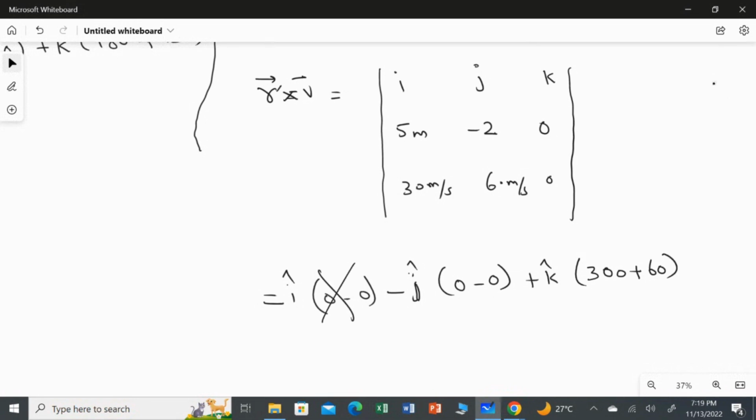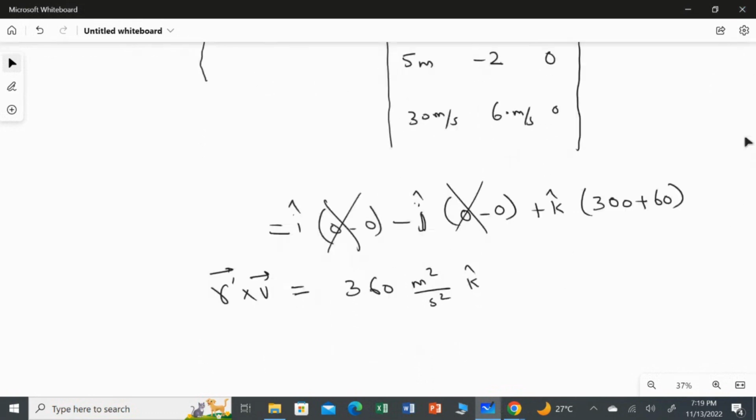So the other terms we will discard because of 0. So I have to discard the i cap and j cap, and only we have the k cap value. Therefore r prime cross v vector is equal to 300 plus 60, which is nothing but 360. And what's the unit here? Meter square over second, k cap, right?